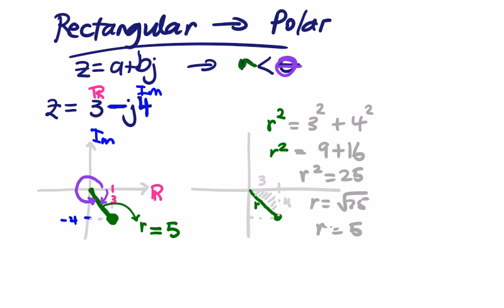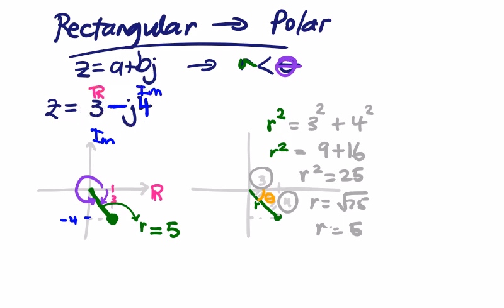So now we need to calculate that angle. If we want to use that same triangle, look at the orange angle. Here we would say the opposite to this angle theta is 4, and now we have the hypotenuse or the adjacent side, but ideally we would always try to use these two because they are the ones given in our complex number in the rectangular form.